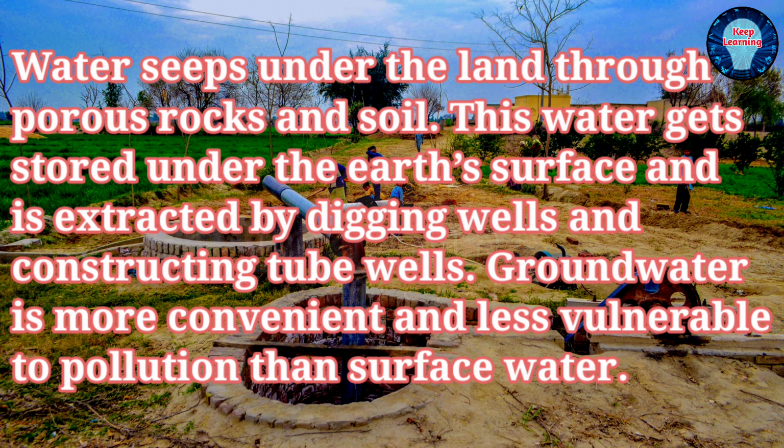This water gets stored under the Earth's surface and is extracted by digging wells and constructing tube wells. Groundwater is more convenient and less vulnerable to pollution than surface water.